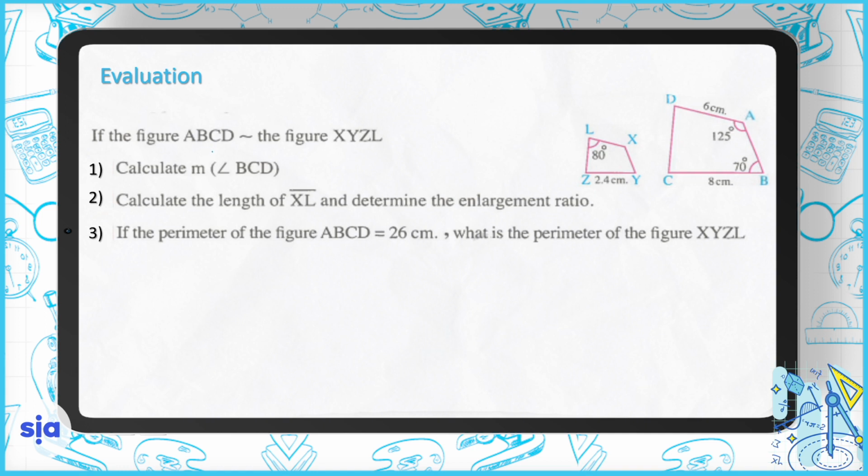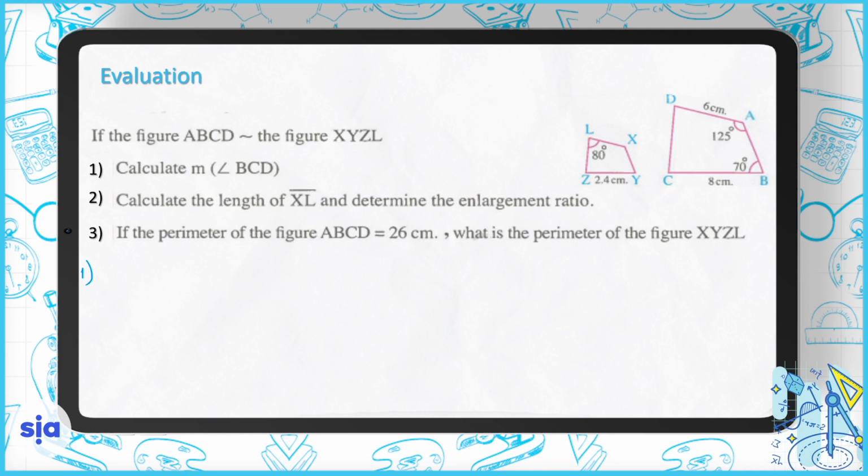The second part wants me to calculate the length of XL and to determine the enlargement ratio. The third question wants me to find the perimeter of XYZL if the perimeter of ABCD is 26 centimeters. Let's now go and solve number 1.